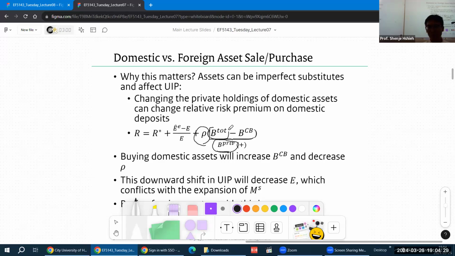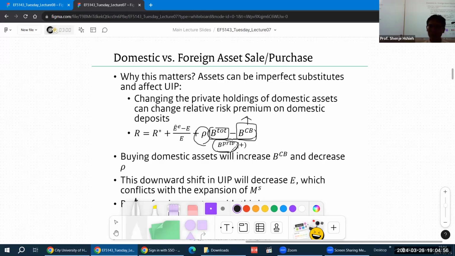There's total bond issuance. BTOT stands for total bond issuance, and BCB stands for domestic bonds held by the central bank, hence the CB. And if a central bank decides to expand the balance sheet, money creation, by increasing domestic bond purchases, it's going to increase this variable here. If you increase this variable, this minus sign becomes more negative than before.